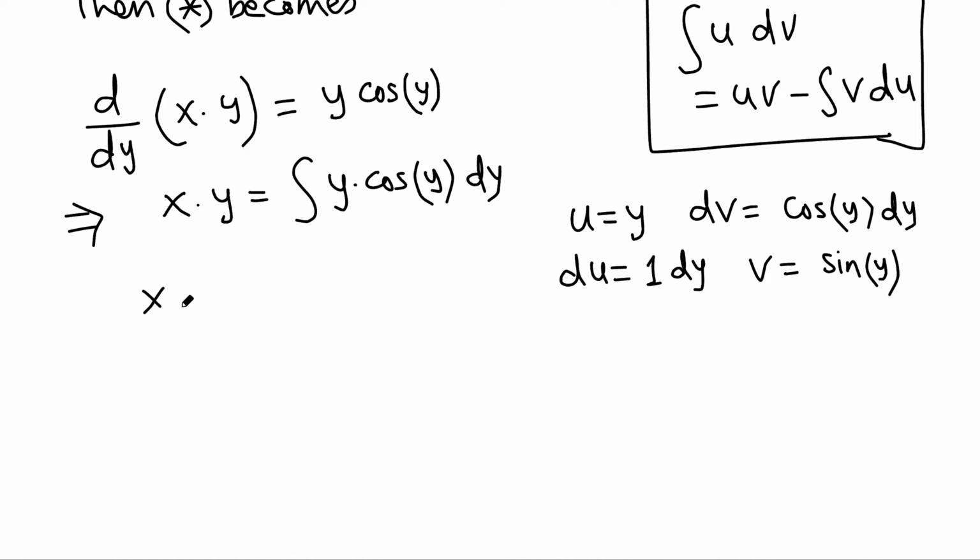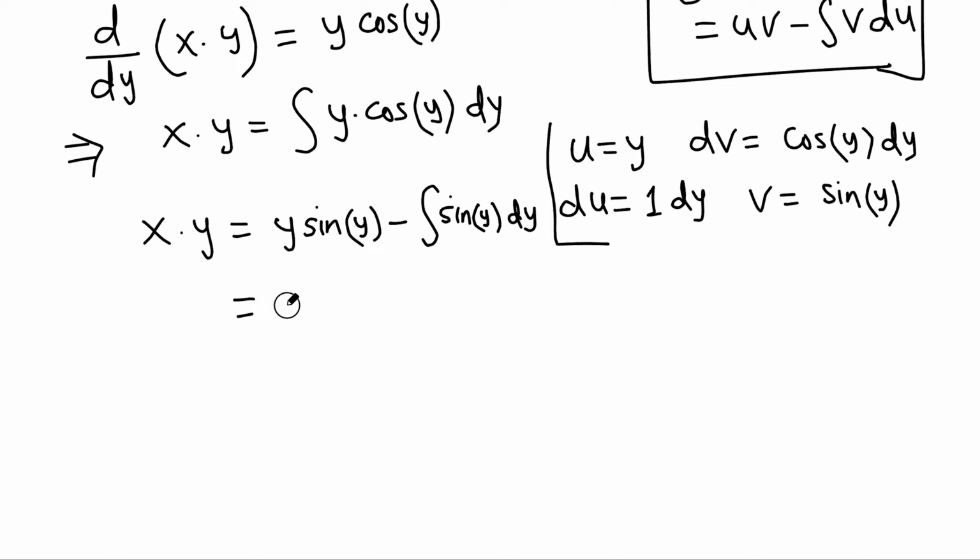Okay, then this is x times y equals, using this integration by parts, uv, so y sine y minus the integral of v du, so sine y times 1 dy, just sine y dy.